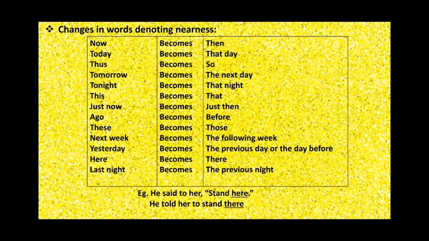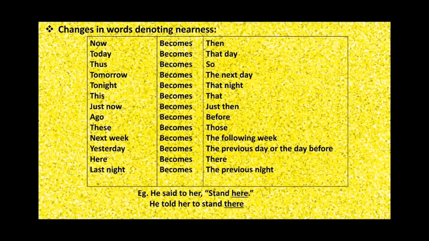Next week becomes the following week. Yesterday becomes the previous day or the day before. Here becomes there. Last night becomes the previous night. So there are many more words. So these are some of them.